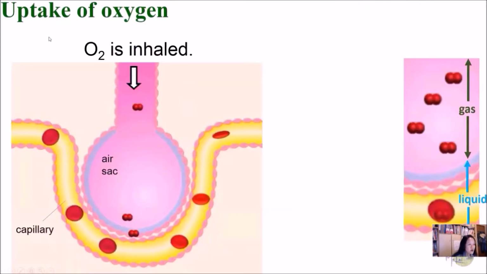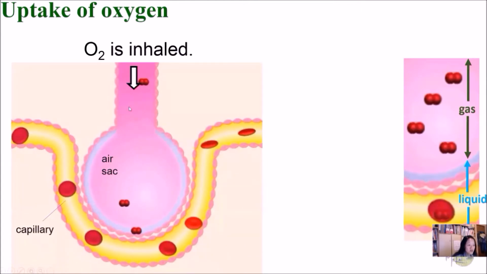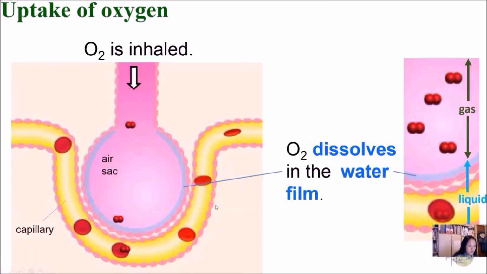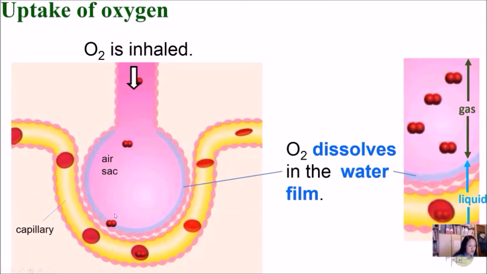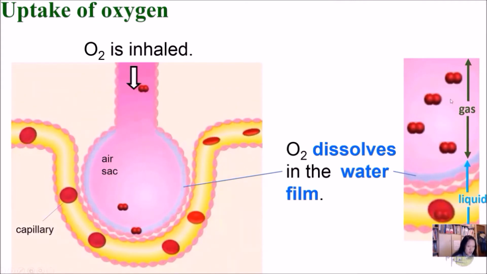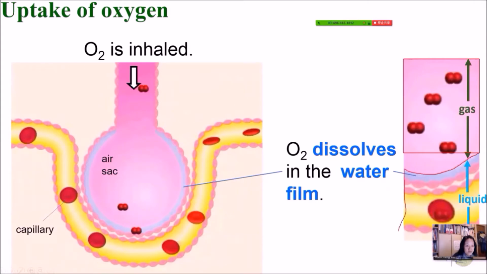For the uptake of oxygen, oxygen will be inhaled from the air, and then it will dissolve in the water film. In the air sac, oxygen is a gas, in gas state, but the other part is mostly made up of water, in liquid state.